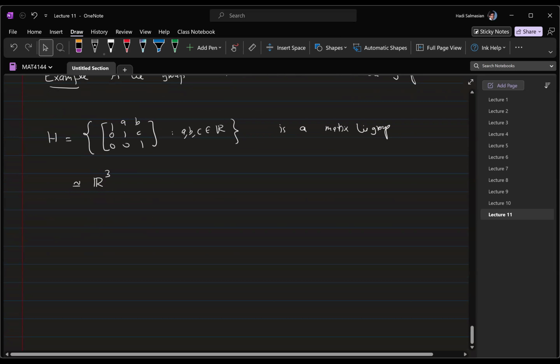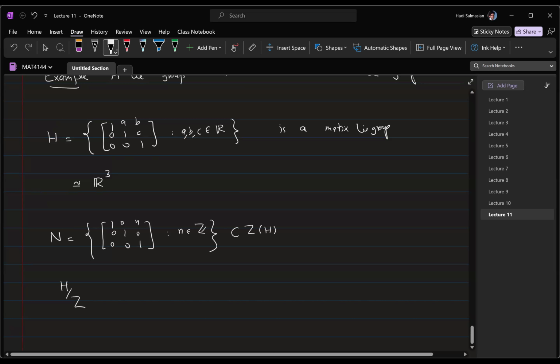So now I'd like to take this subgroup N, which is the set of matrices of the form 1, 0, N; 0, 1, 0; 0, 0, 1, where N is an integer. Okay. You can see that this N is contained in the center of H. It's not difficult. And therefore you can form this quotient.